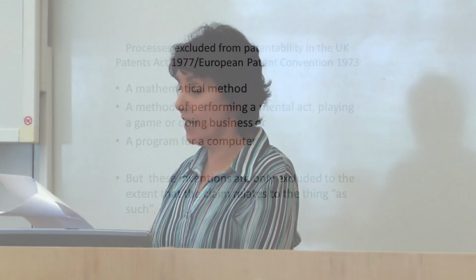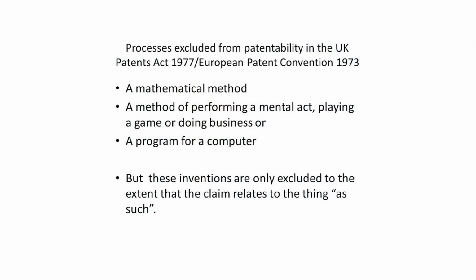Article 52(2) of the European Patent Convention 1973 explicitly excluded certain inventions from patentability. Invented processes excluded from patentability included a mathematical method, a business method, and a program for a computer as such.